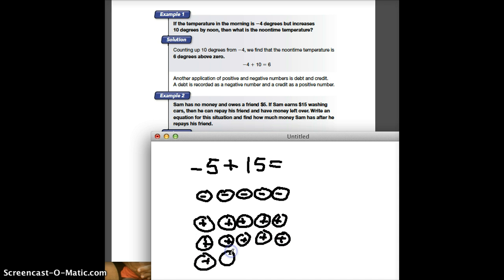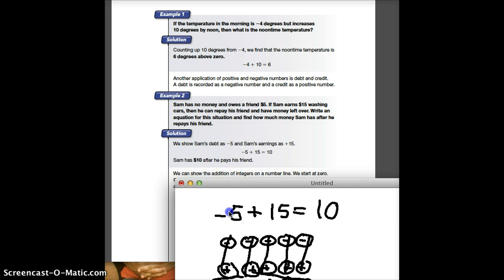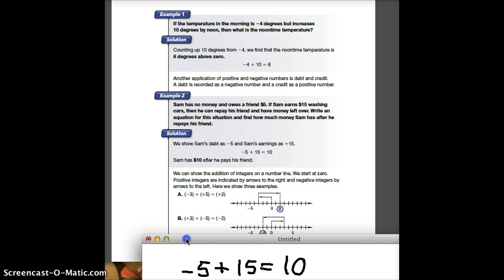Positive with a plus, negative with a minus. When you have a positive and negative together, they cross each other out, meaning 0. After I cross those out, how many positives are left? Add those up, and it would be positive 10. Check if I got it right, and sure enough, I did.